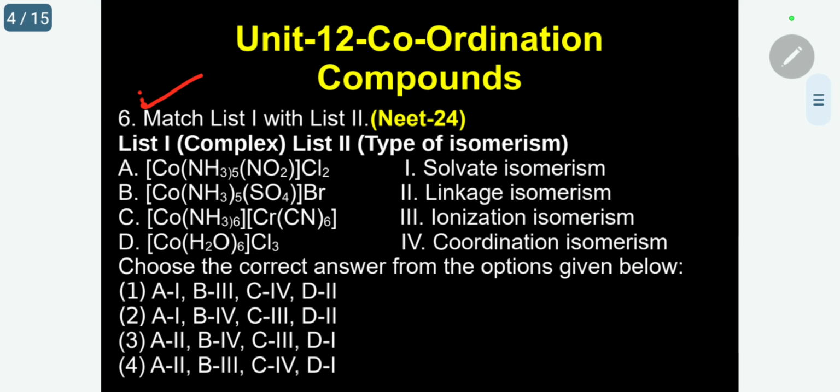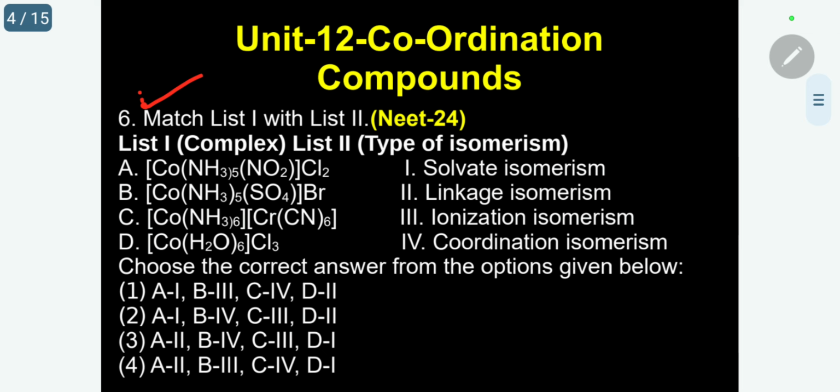In the case of complexes, two types of complex will show isomerism. One is square planar, another is the octahedral complex. In the octahedral, we can get cis-trans and optical isomerism. In the square planar, we can get cis-trans isomerism.